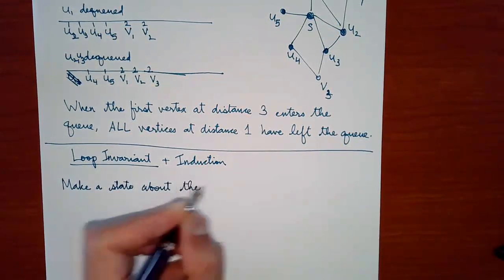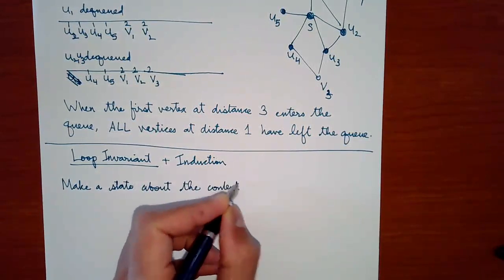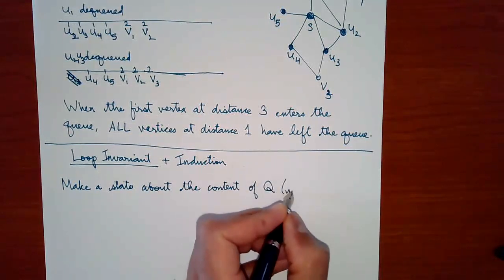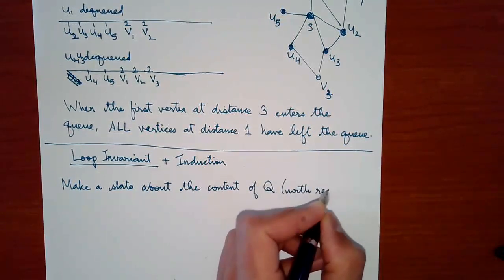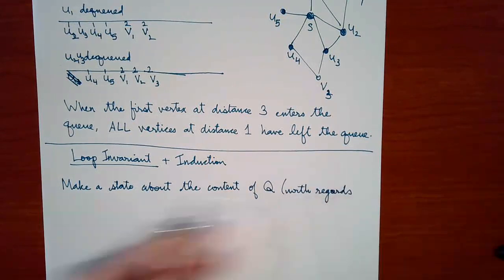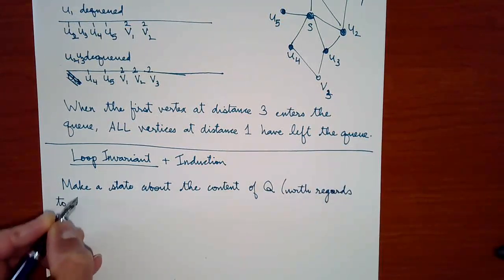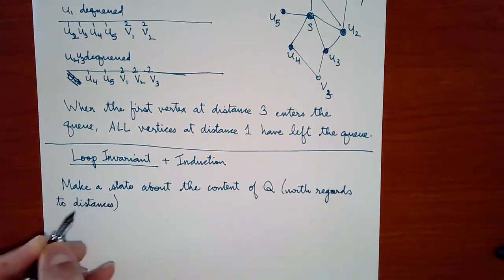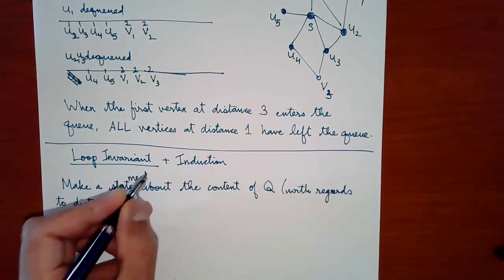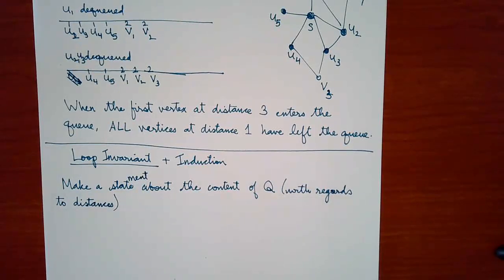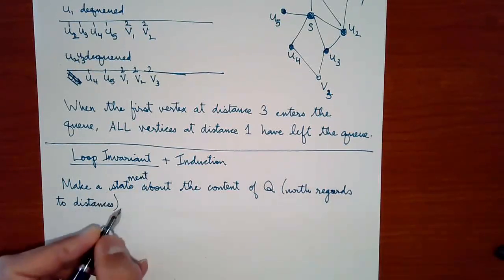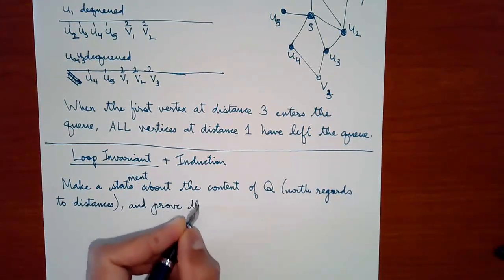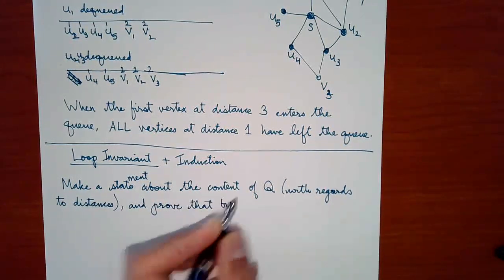We're going to make a statement about the content of the Q with regards to distances, and I mean shortest path distances, and prove that by induction.